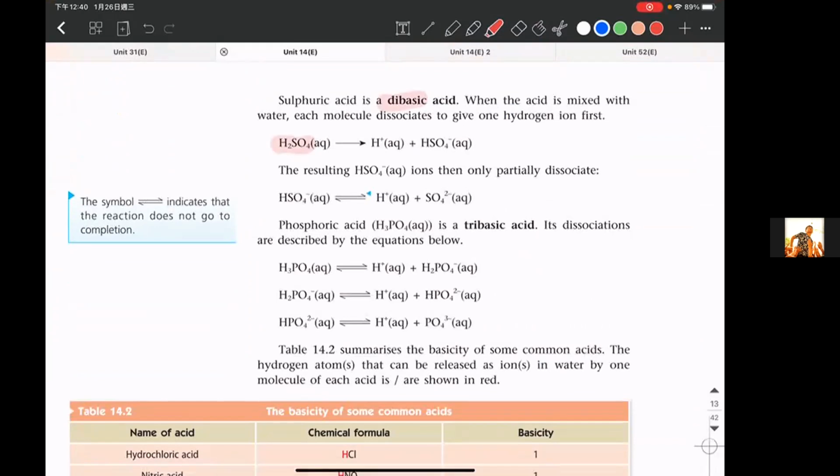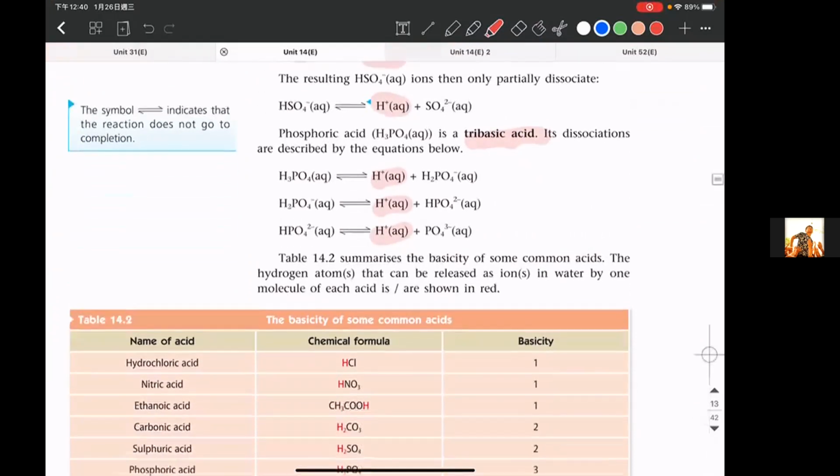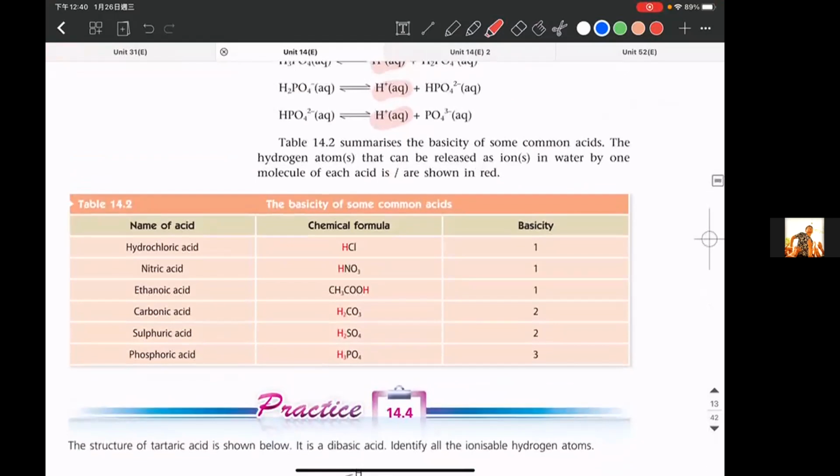Can you see that? It produces 2 hydrogen ions. While phosphoric acid 磷酸, we call it a tribasic acid because once it dissolves in water, here comes 3 hydrogen ions per molecule. Now, usually for mineral acid, the number of hydrogen atoms found in the formula will directly show you the basicity.